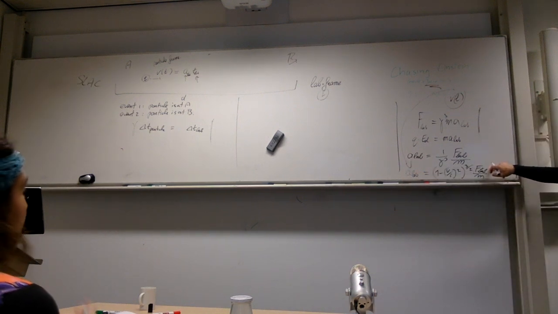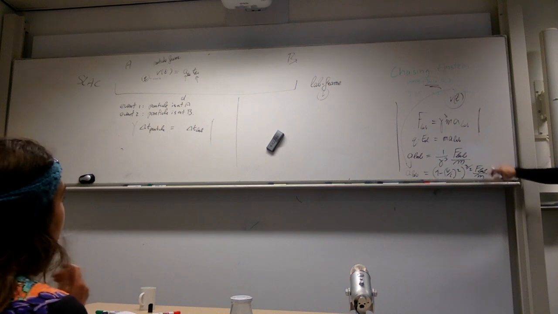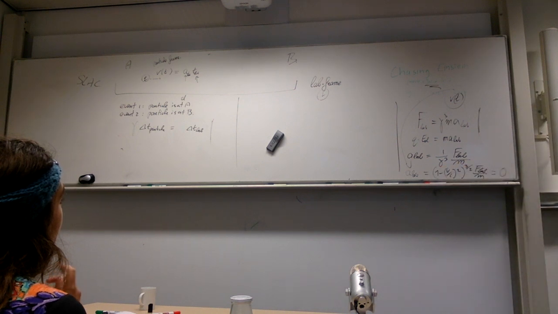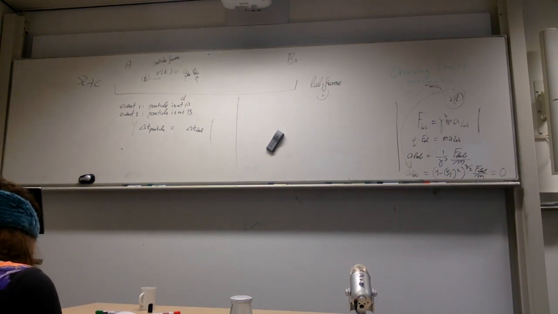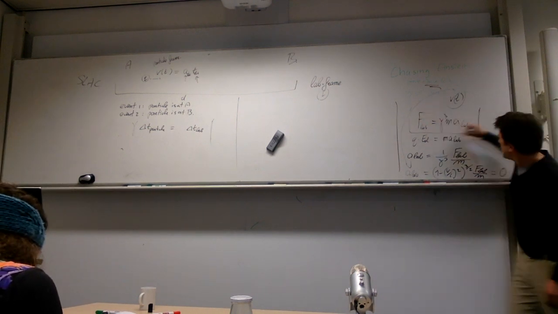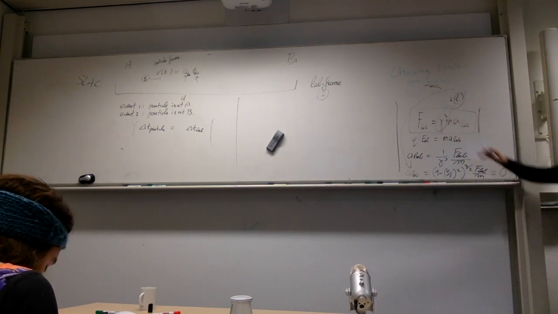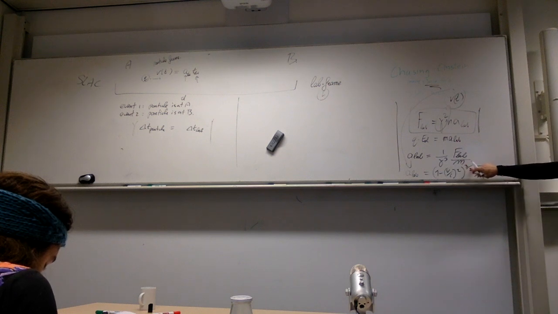Question: if F_lab is not 0 because your electric field is not 0, and m is whatever number it is, can you see here at what velocity the acceleration becomes 0? At c. So apparently, if you accept for me that there is a gamma to the 3 here, actually, Felix, if you really want your gamma 2, the argument still holds.